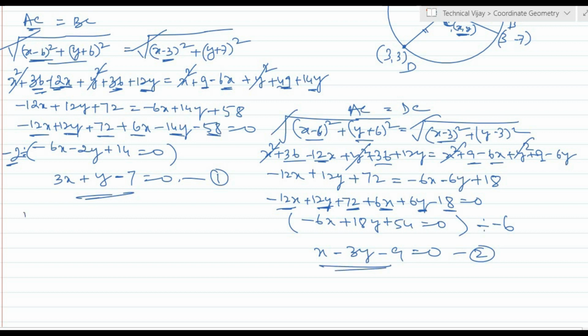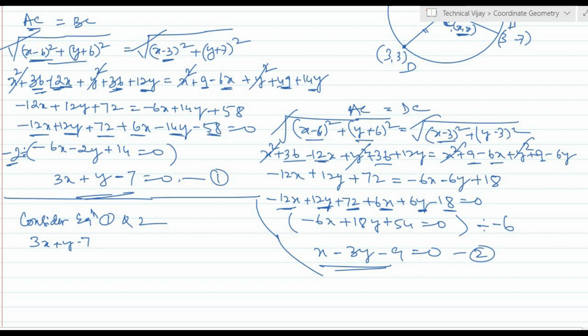So now consider equations 1 and 2. First we will write 3x plus y minus 7 equal to 0, and the other is x minus 3y minus 9 equal to 0.